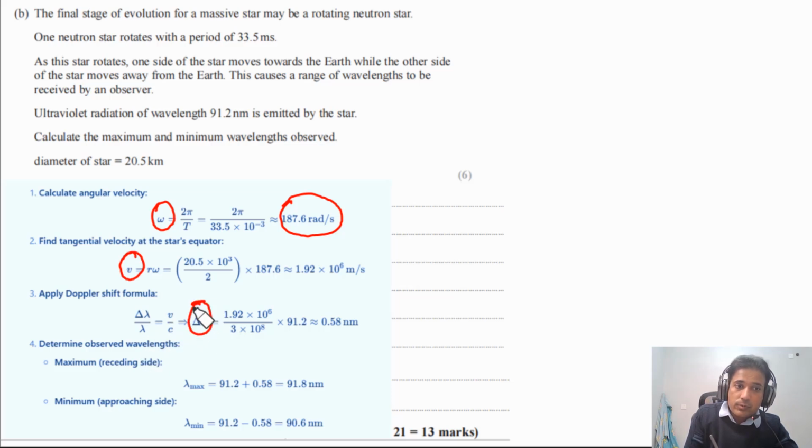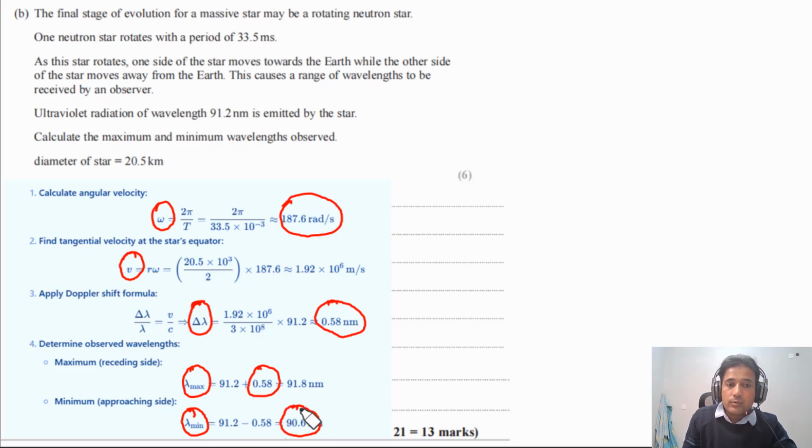This is the Doppler shift, the change in wavelength we have calculated. Then we have added, so this is the red shift and this is the blue shift, and this is the answer. So this is how you can approach this question.